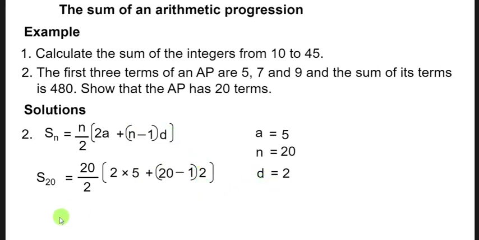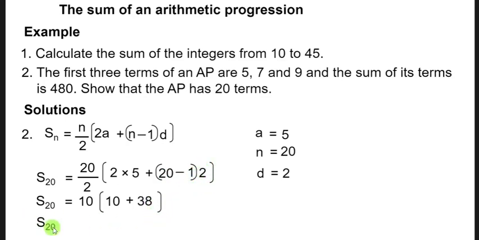Then S20 is equal to 20 divided by 2, 10, times 2 times 5, 10, plus 20 minus 1, which is 19, 19 times 2, 38.